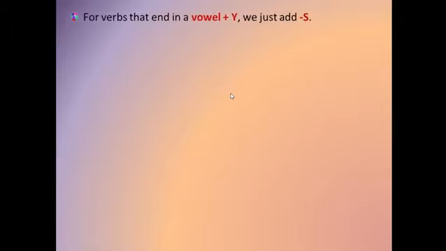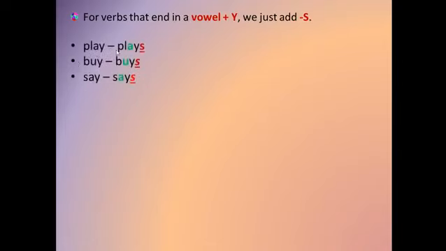Now, if my subject is he, she, or it, but my verb ends in a vowel plus y, I simply add an s, and vowels are a, e, i, o, u. So if I have a verb that ends in a vowel plus y and my subject is he, she, or it, I simply add an s.